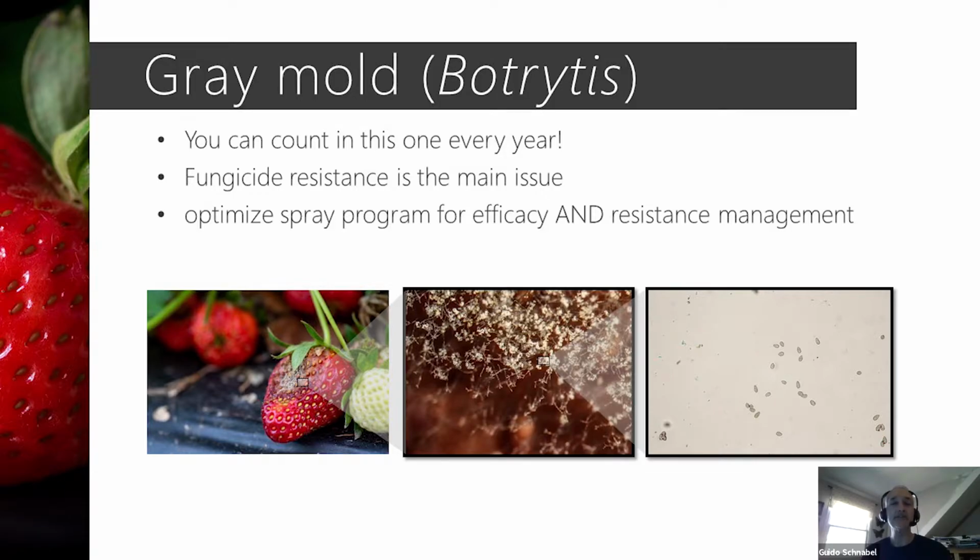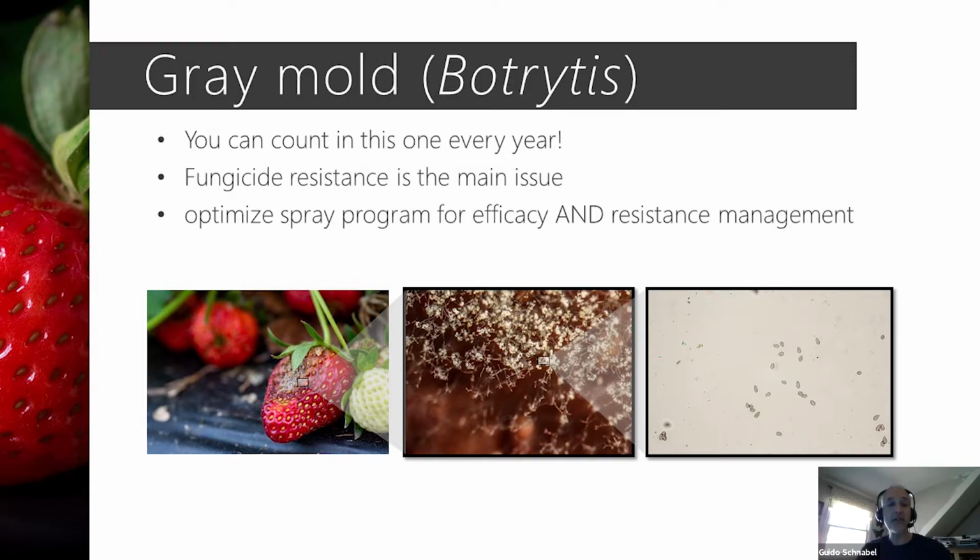It's there, and there's nothing we can do to get rid of it, because it not only comes in with the transplants, but it also does come in from weeds and from shrubs and forest land, because it's what we call a ubiquitous fungus. It can live and infect many different plants. Fungicide resistance is the main issue, and we're going to talk about this in a little while. And optimize the spray program for efficacy and resistance management.